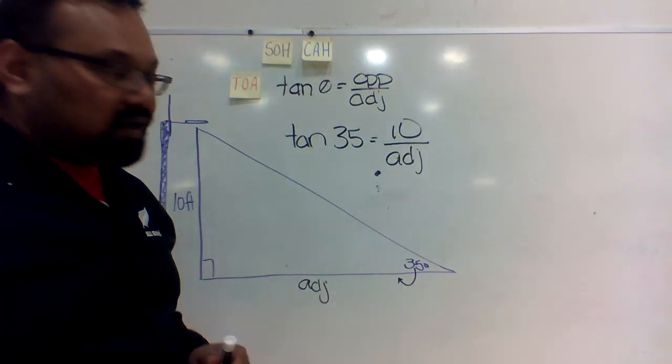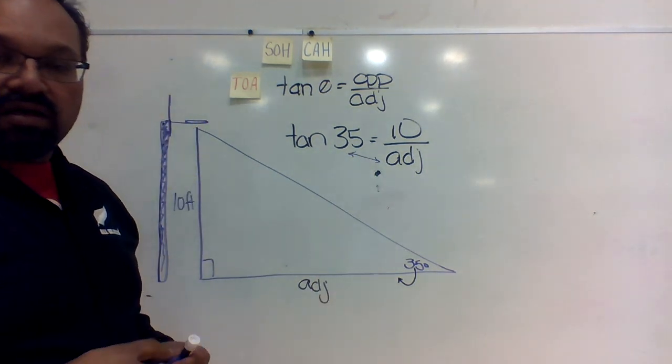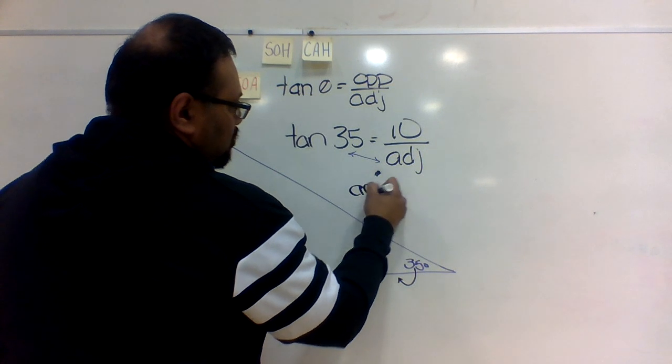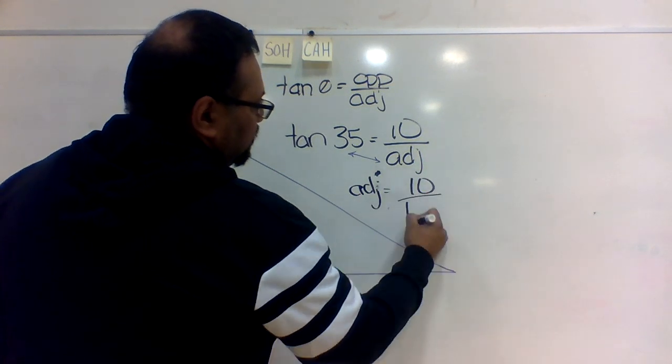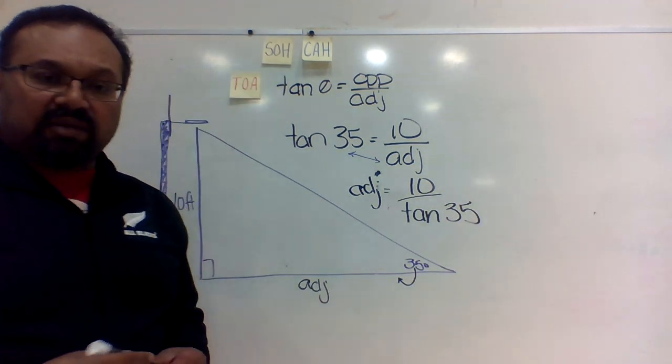If we recall from previous videos, these two can switch spots to find the math. Rewritten, that says that the ADJ, or adjacent side, is 10 divided by the tangent of 35.